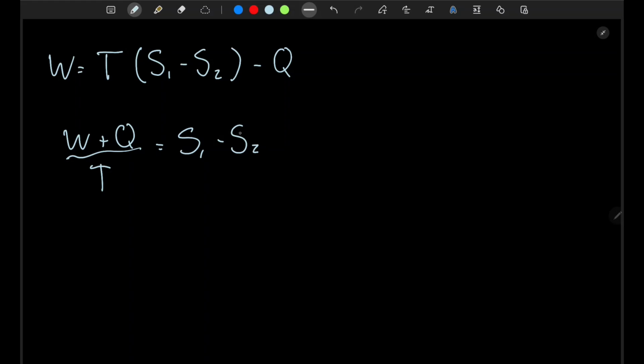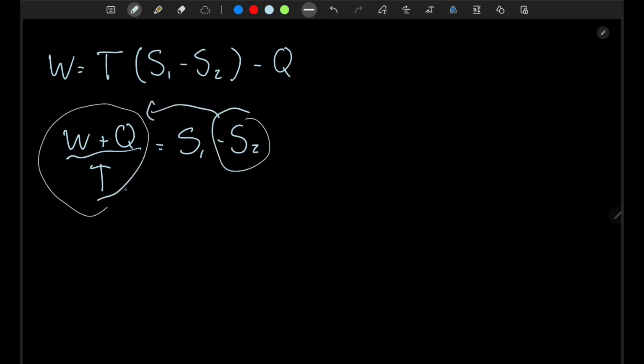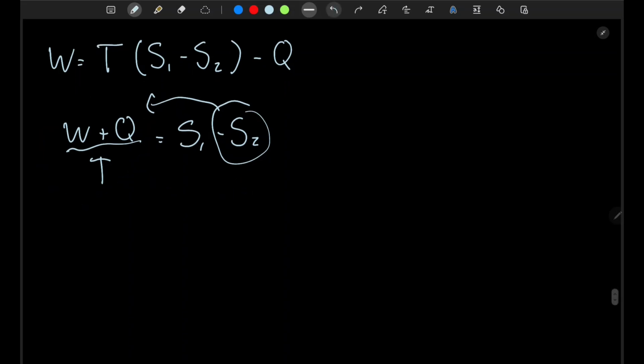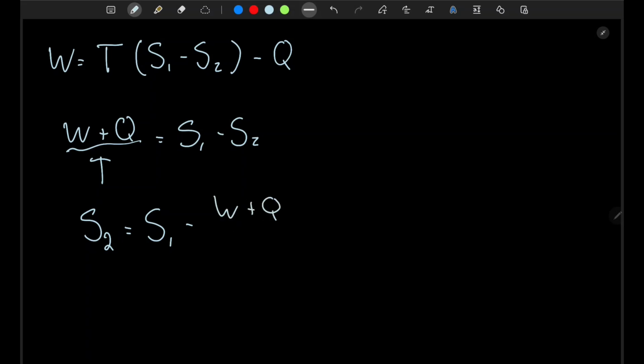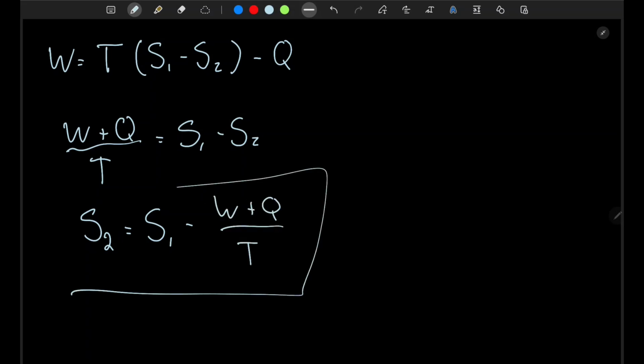Now let's take this S2, push it over and change its sign, and this entire fraction, push it over and change its sign. So we are going to have S2 is equal to S1 minus W plus Q all over T. And there you have it, we are done.